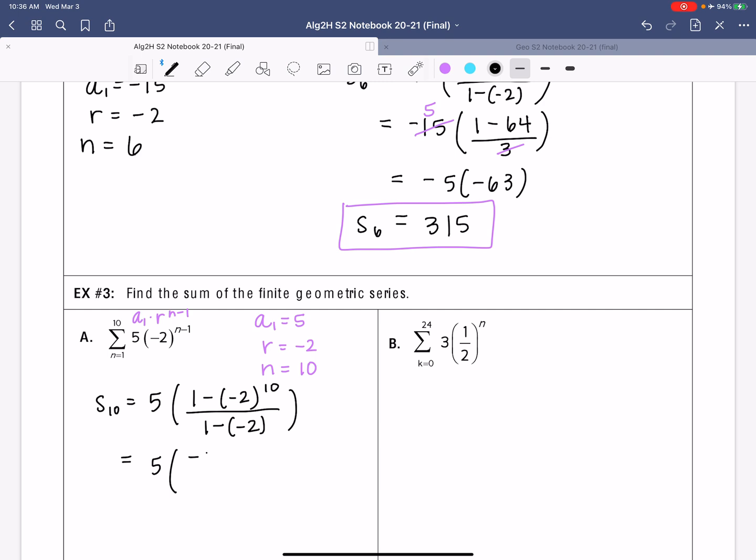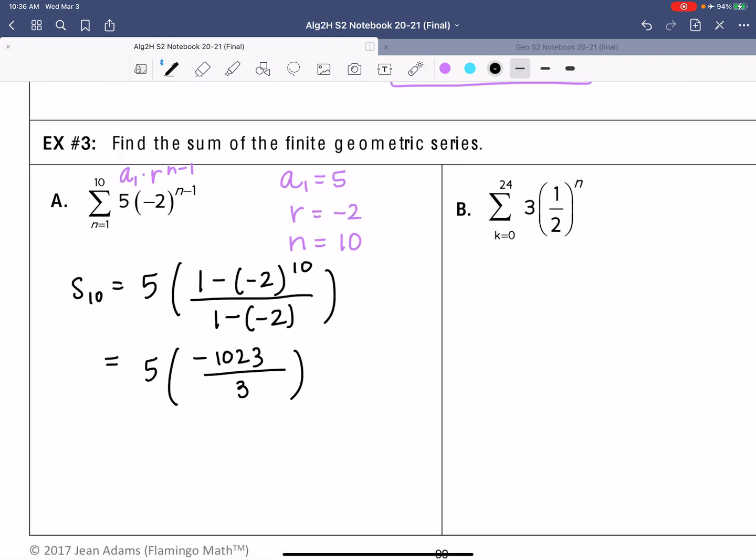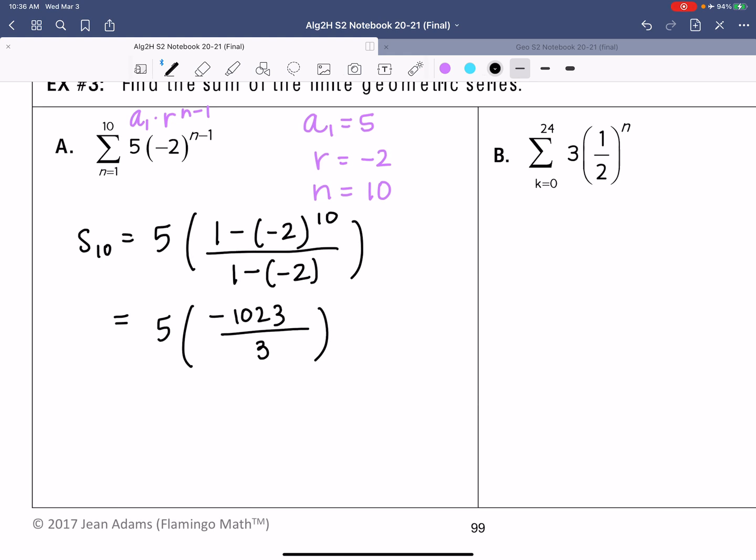So I get negative 1,023 over 3. All right, these ones aren't going to cancel out all nice, but that's okay. I think we can do 1,023 divided by 3. So we have 5. This is going to be a negative.